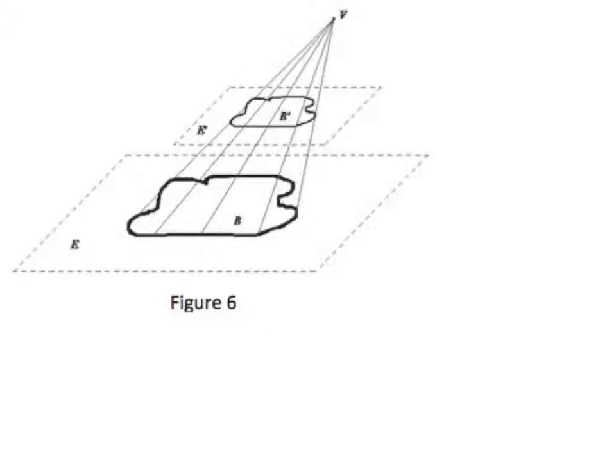I have plane E prime, which is parallel to plane E, and this plane is between point V and plane E. So it sort of gives us a cross section.